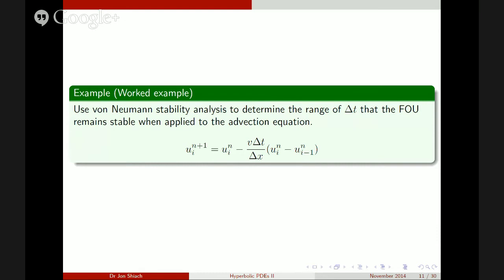So what I want is 1 is greater than or equal to the modulus of all of this. Okay, so I want this to be satisfied.